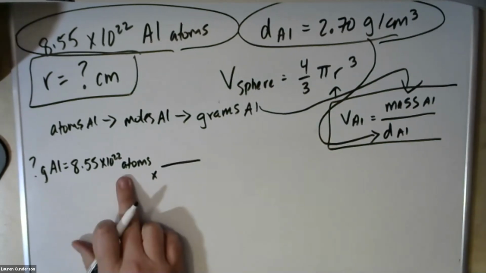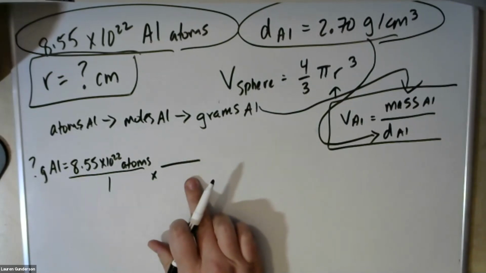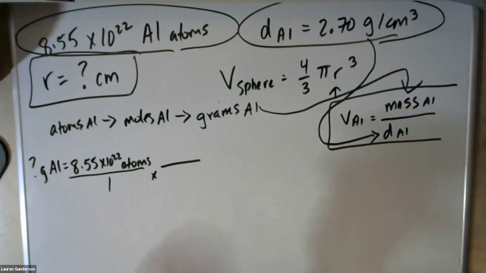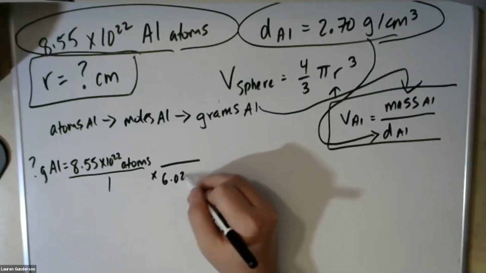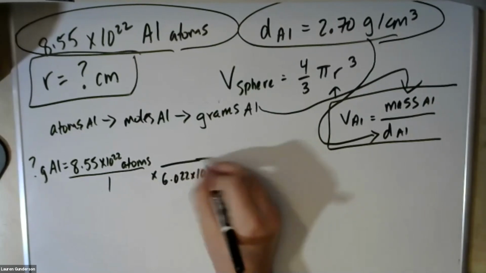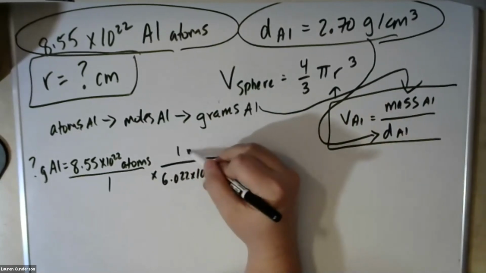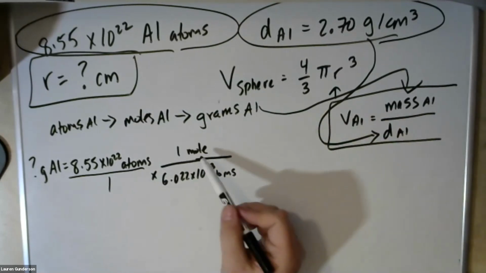Okay, so we're starting with atoms here, up top. So we know that atoms is going to go on the bottom of our fraction bar so that it cancels out. And we know that Avogadro's number is going to go along with my unit of atoms. And up top will be 1 mole. Notice that in our conversion factor, it's always 1 mole.